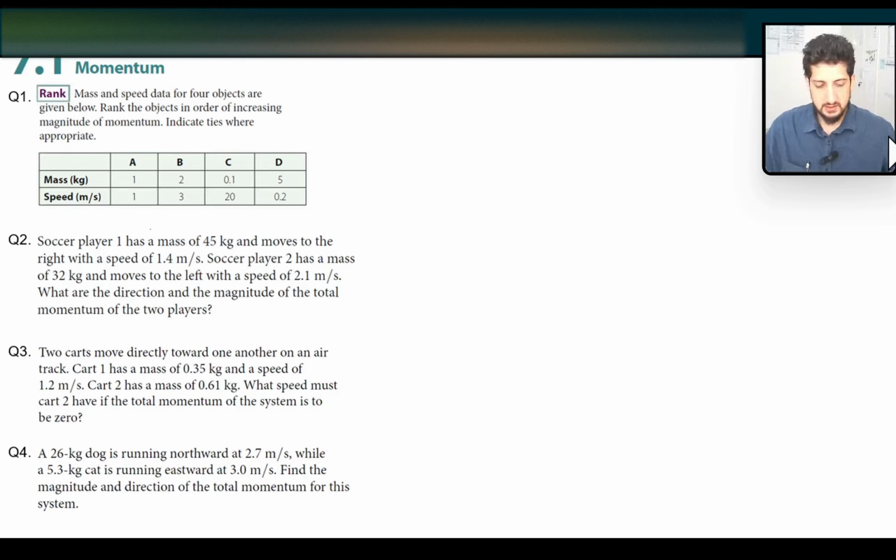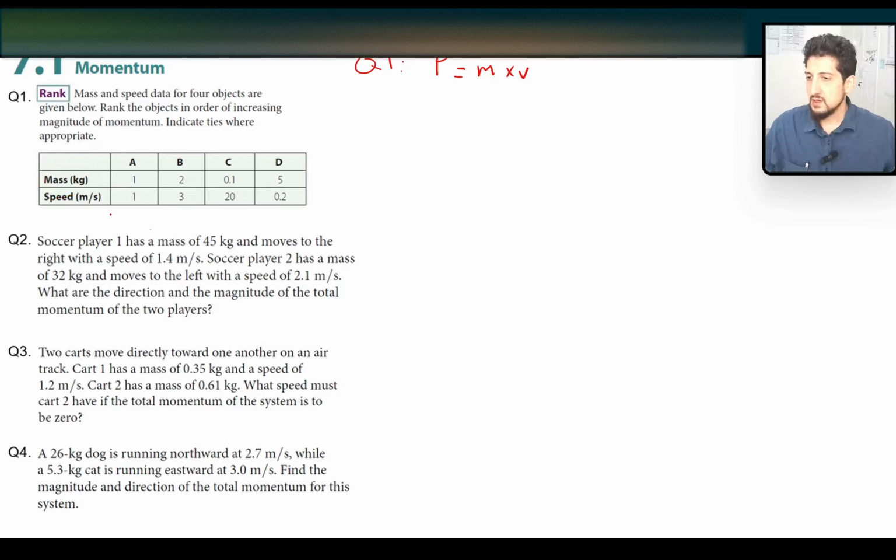So in order to answer this question, we need to recognize that momentum equals mass times velocity. And once we understand that, and we know that there is mass and that there is velocity, or speed in this case, then we can answer the question.